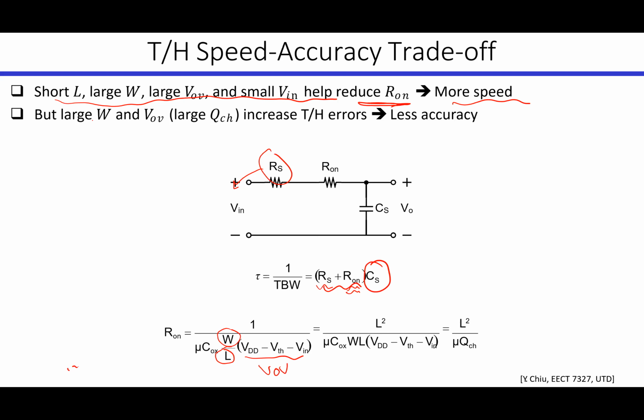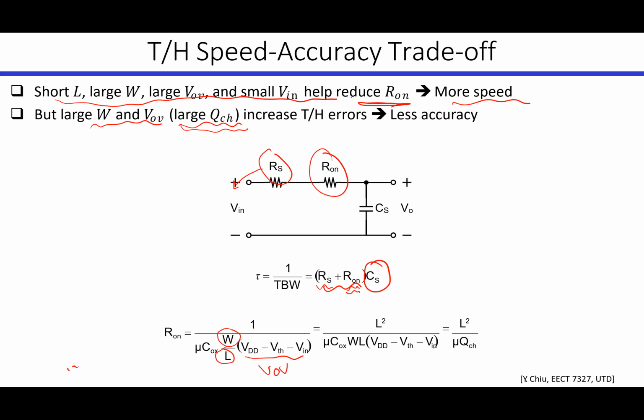Now again, if I increase W and V overdrive of the switch in order to reduce R on, what happens? I will have large channel charge. And this will cause track and hold errors that we will discuss in a while.